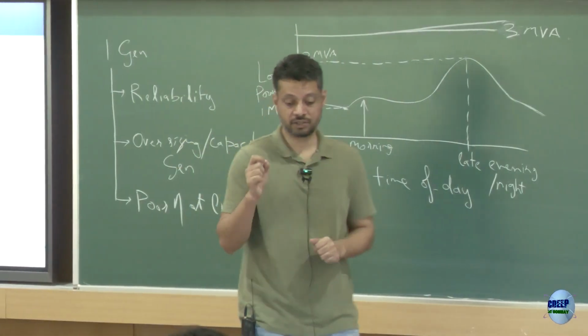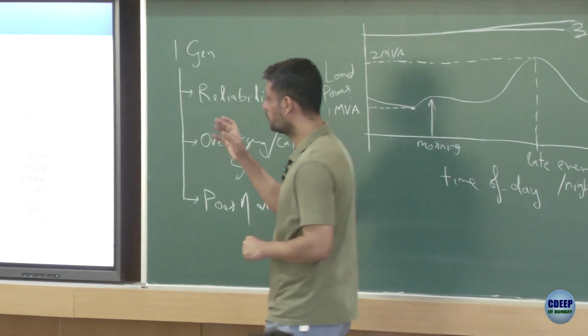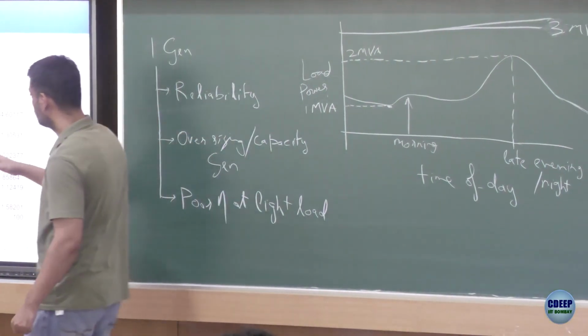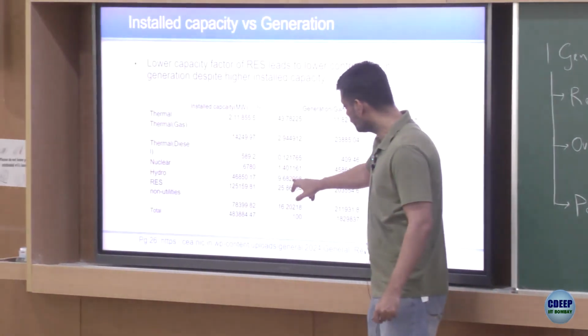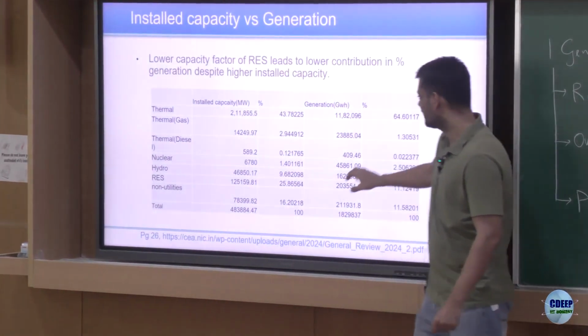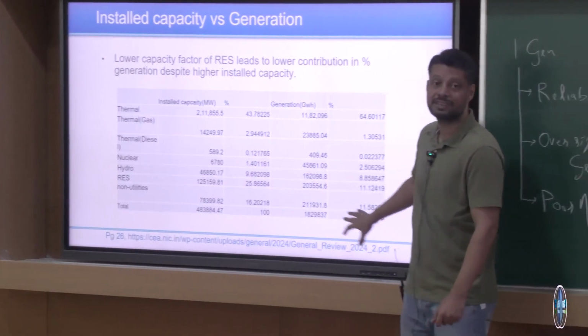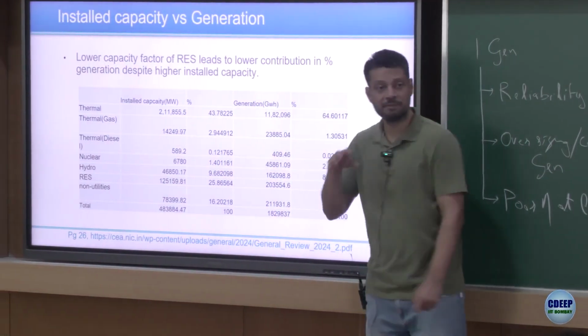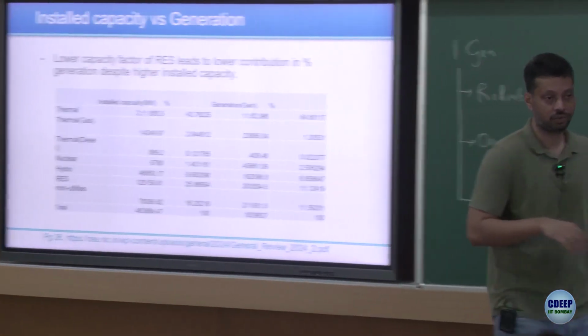And therefore, even in the installed capacity, the coal is about 43%, and then you see renewable plus hydro is about 10%, renewable is about 25%, but the same percentage distribution in terms of the energy produced becomes different. Coal produces about 64% of the energy that we consume.